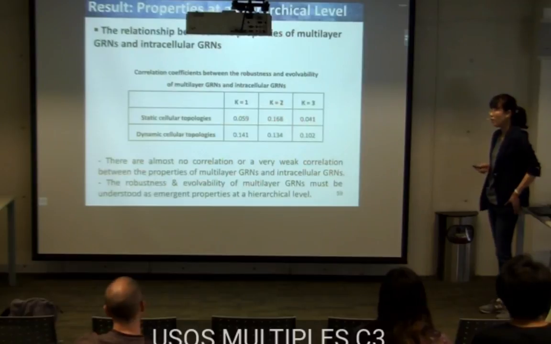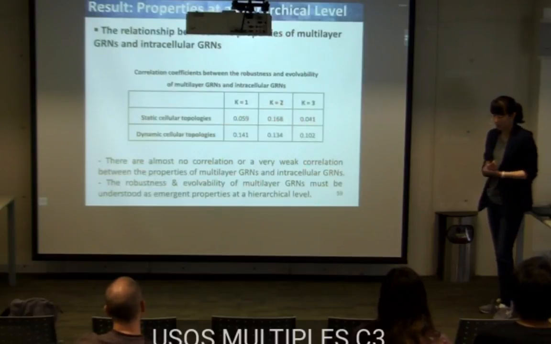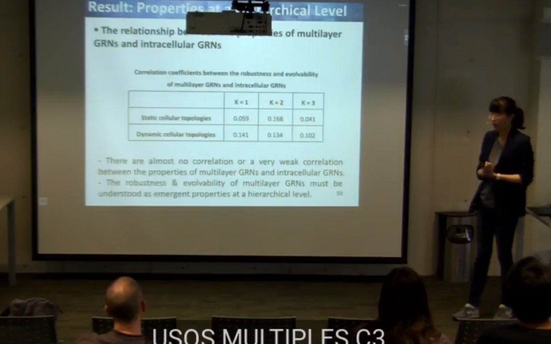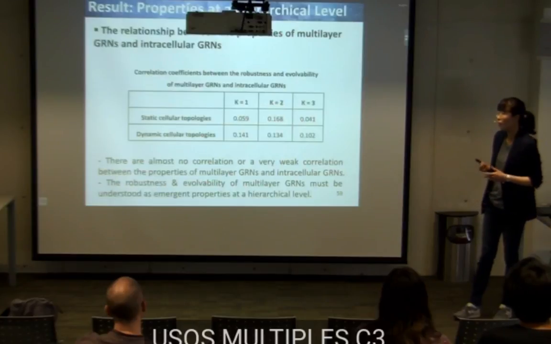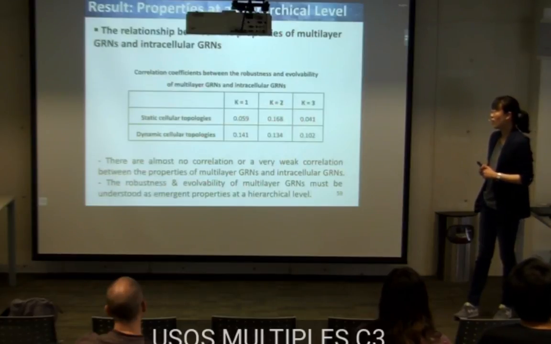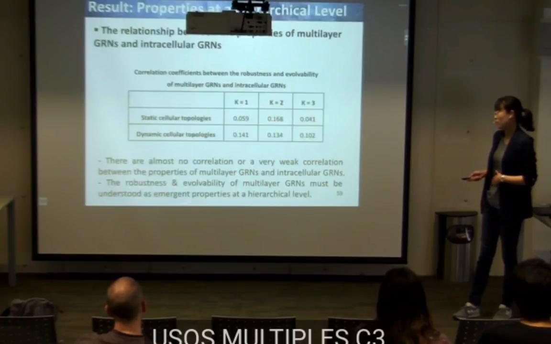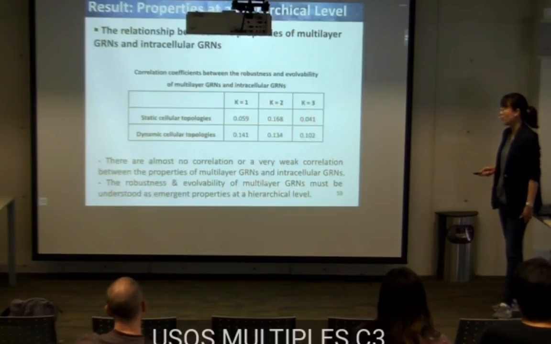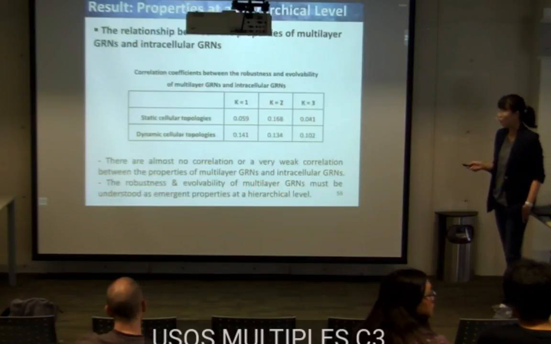That is, even if the perturbed intracellular GRN is robust, the multi-layer GRN can be not robust. So the robustness and evolvability of multi-layer GRNs must be understood as emergent properties at a hierarchical level.